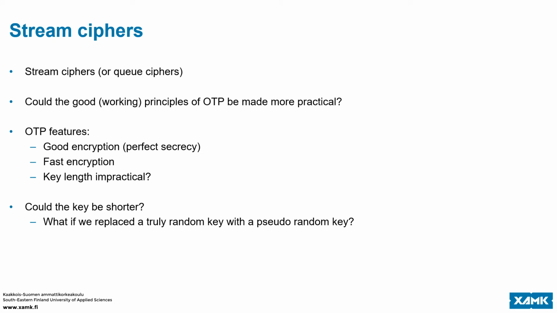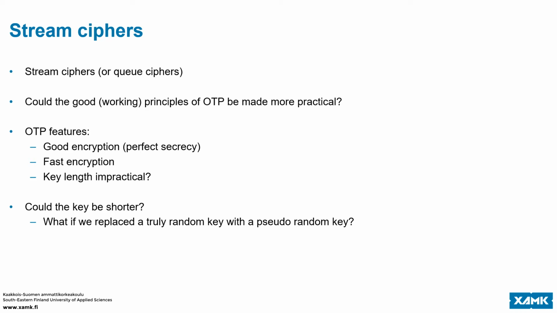The ideas behind a one-time pad are pretty good though. So this is where stream ciphers come in. The idea behind stream ciphers is that we could take the good working principles of the one-time pad and make them more practical.